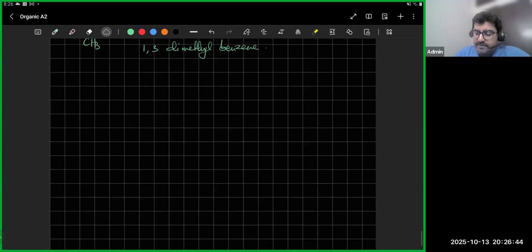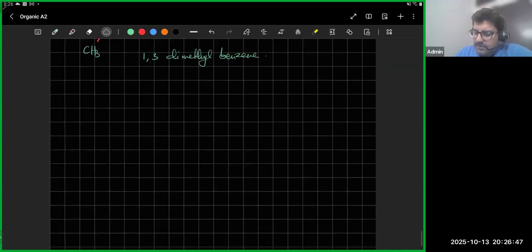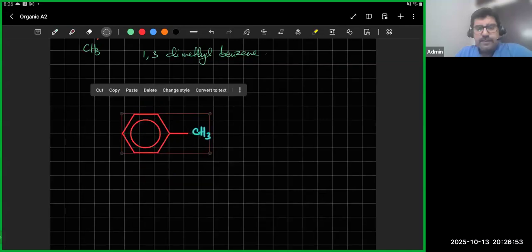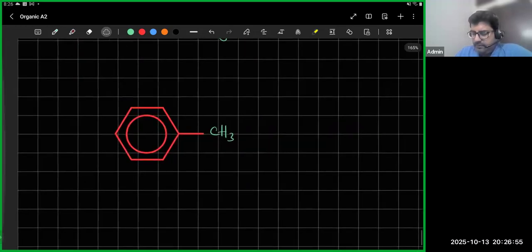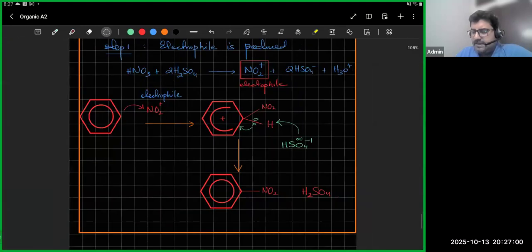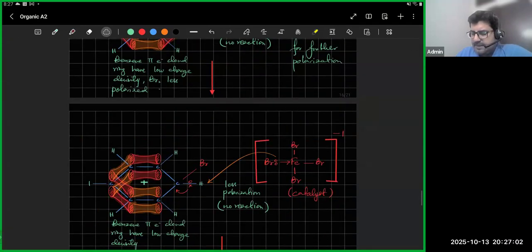Coming back to electrophilic substitution, and the concept of what does 2,4 mean. See, the thing is, benzene on its own, the electron density was evenly distributed. Where's the benzene electron cloud? This one.